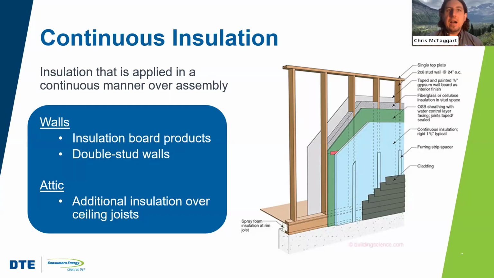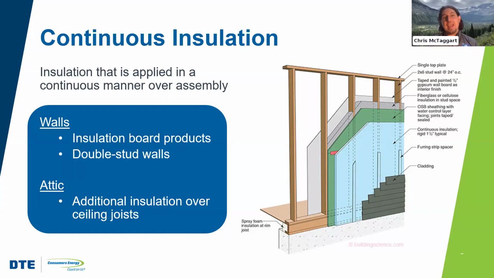In doing so, that substantially cuts down on heat transfer, because now you've got insulation on the outside of those studs, so you reduce the heat loss off of that stud wall. You could achieve this with various insulation board materials, so polyisocyanurate, EPS, XPS.